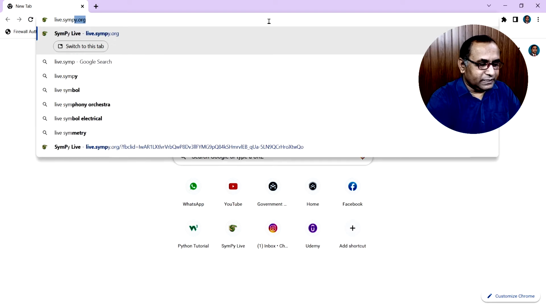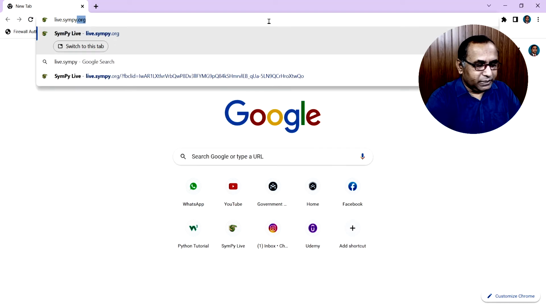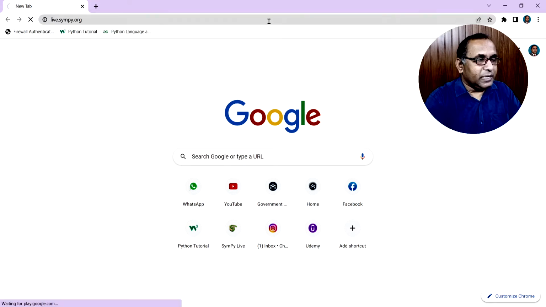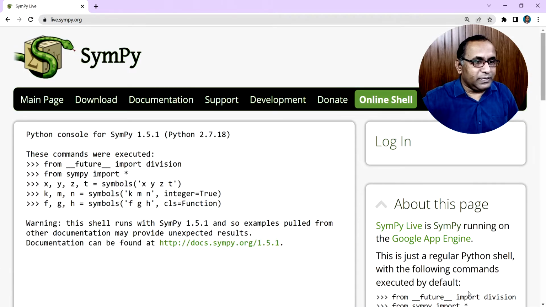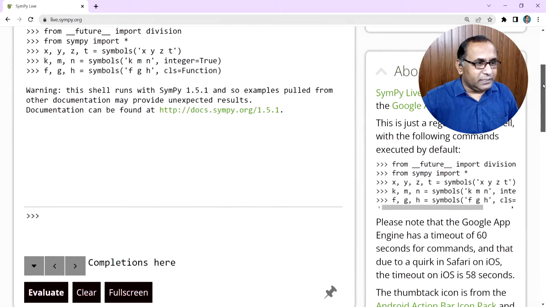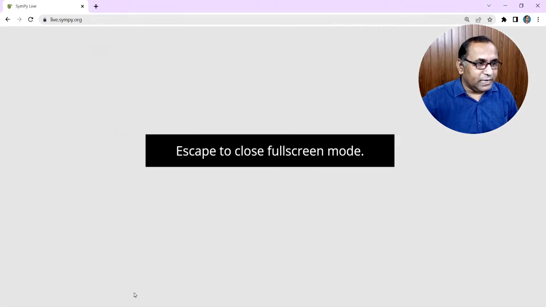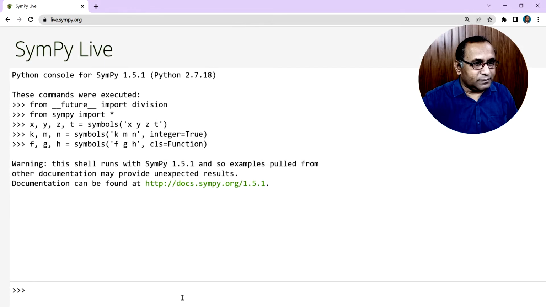So you can see the syntax. live.sympy.org is the URL for SymPy Live, and when you enter SymPy Live, the desktop will open online, and if you want, you can make it full size.